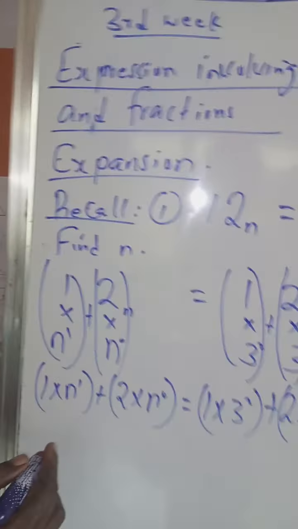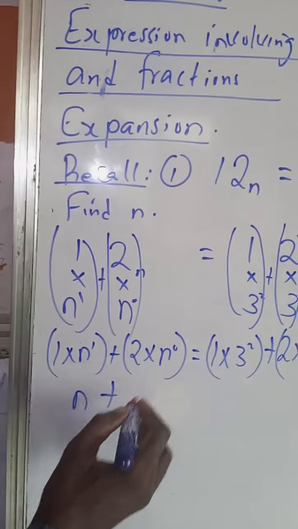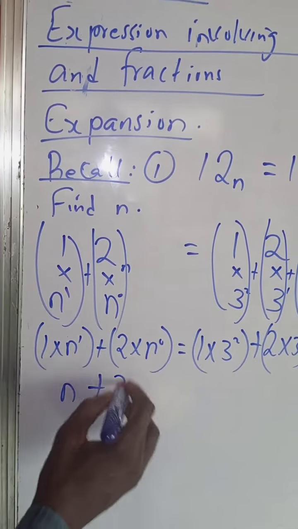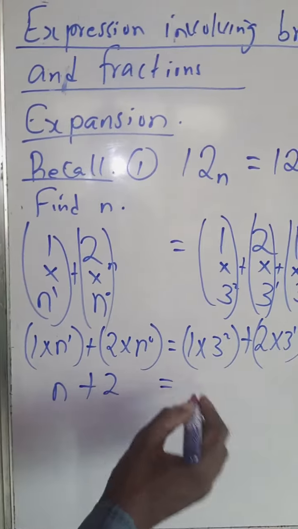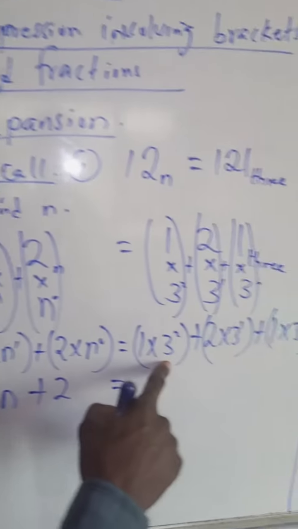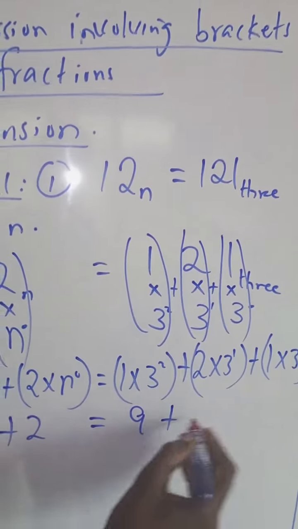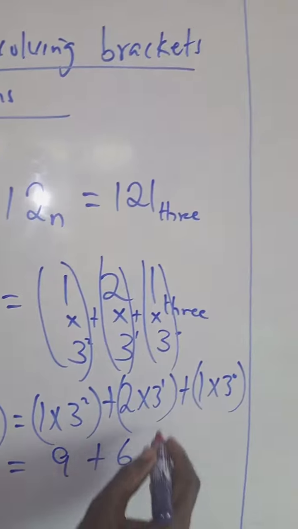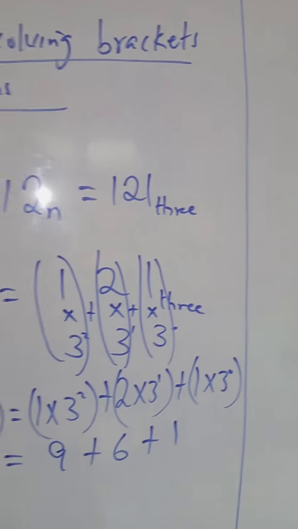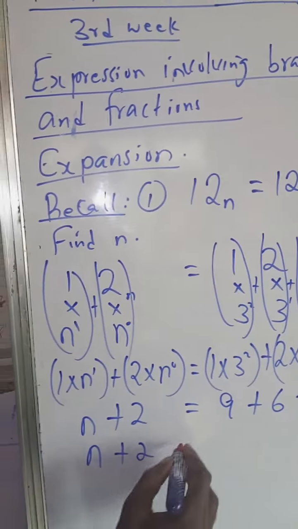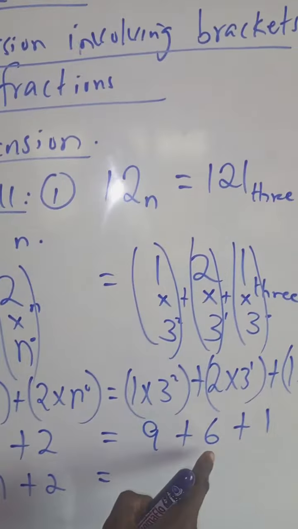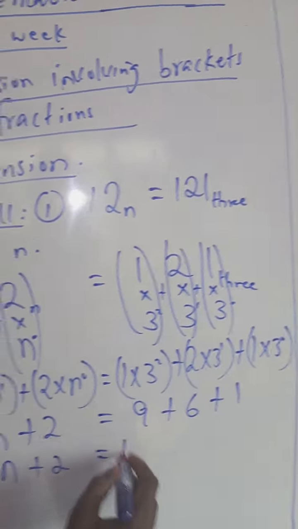So this one will give me n plus 1 times 2 will give me 2. 3 raised to power 2 is 9, 9 times 1 is 9. And this one will be 6. And this one will usually be 1. So n plus 2 equals 9 plus 6 plus 1, that is 16.